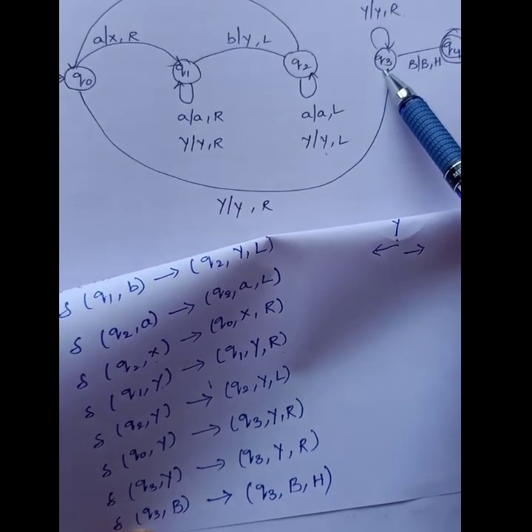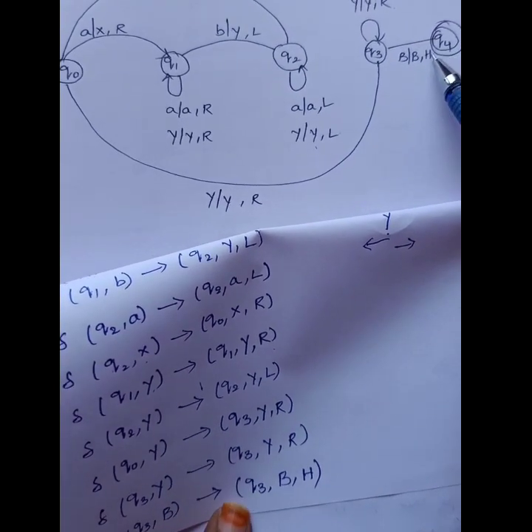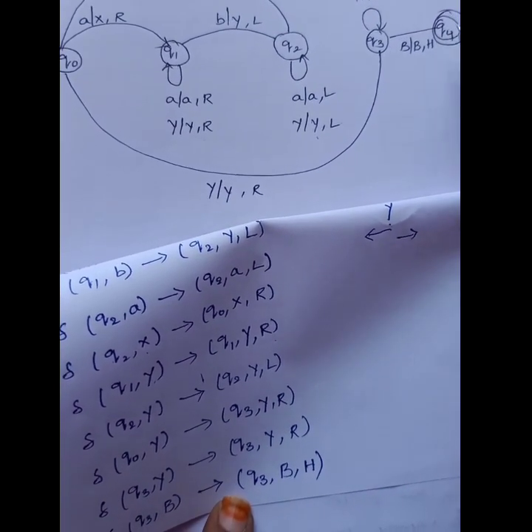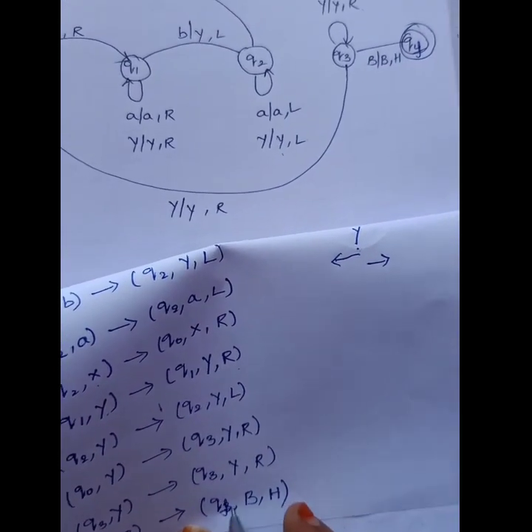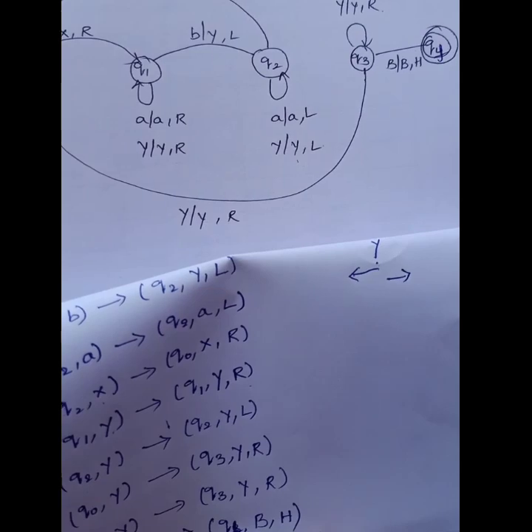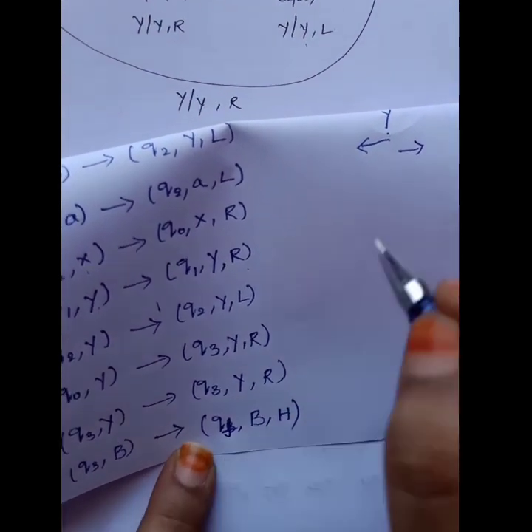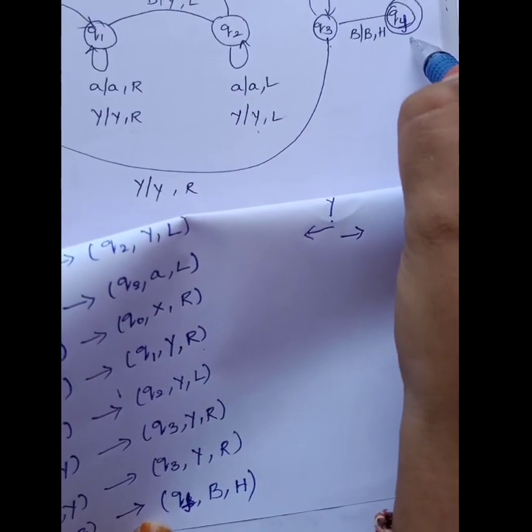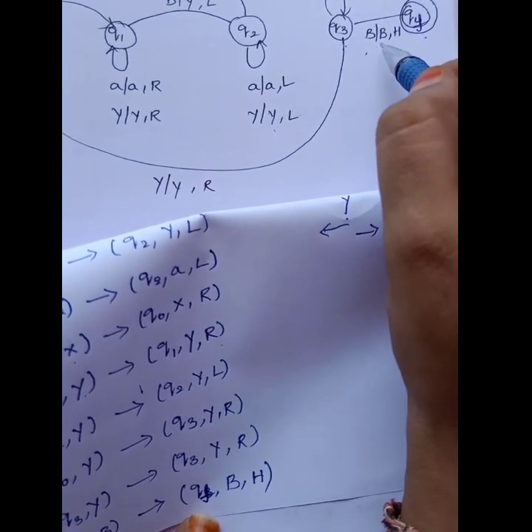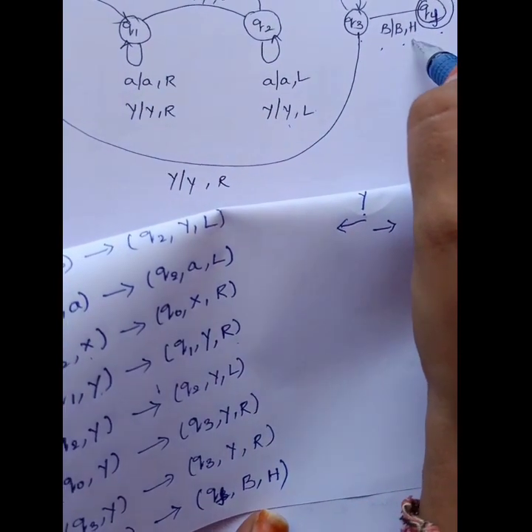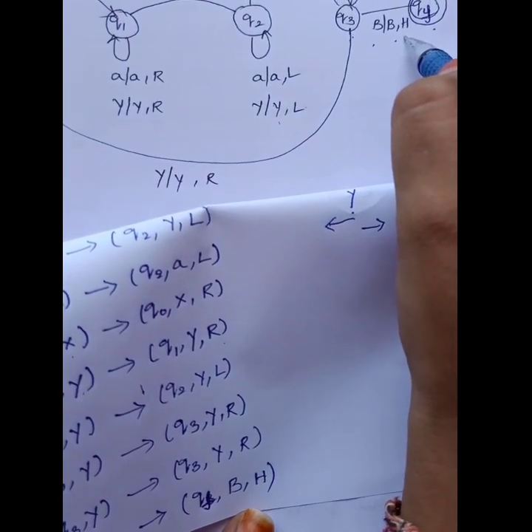Finally Q3 goes to Q4, or rather QF, the final state. So Q3 to QF: B is the input, B is the rewritten symbol, so we do not change B and finally halt the machine.